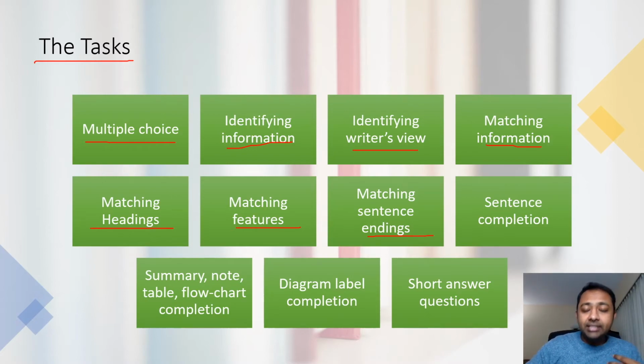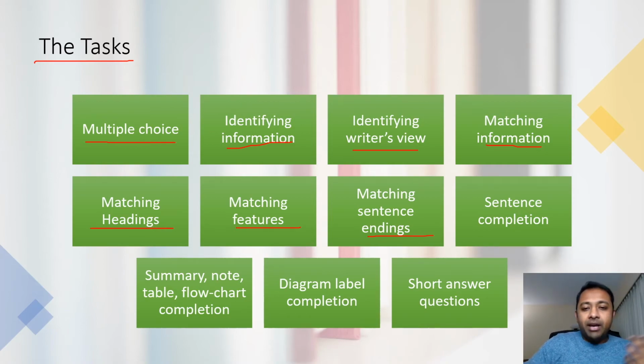You can have headings, where they give you the headings and you decide which heading is appropriate to which paragraph. So you read the paragraph, form a general idea of what the paragraph is trying to convey, and choose the most appropriate heading or title for that particular paragraph.